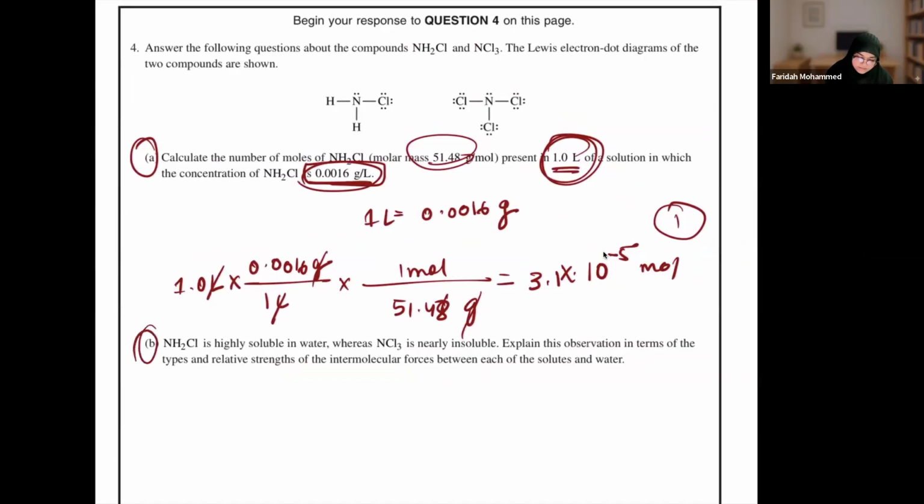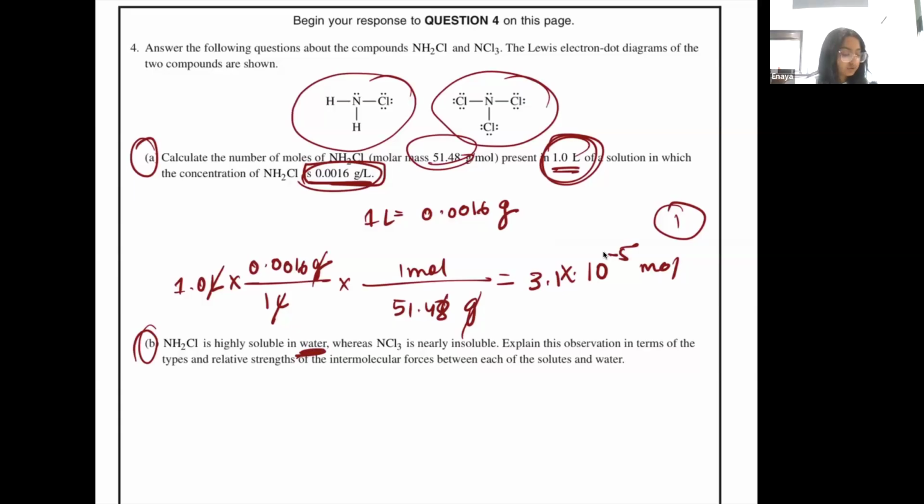Okay, B. Inaya 2. This is highly soluble. This is not very soluble in water. Explain. Okay, I said that NH2Cl is a polar covalent molecule that exhibits LDF and dipole-dipole, and NCl3 is nonpolar covalent and only exhibits LDF.